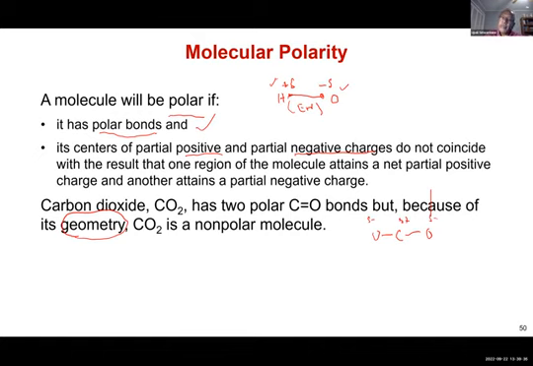Therefore, the dipole is written as an arrow; you're going to see how the arrow represents a dipole. When polar forces oppose in a line, they cancel out. Because the polar bonds cancel out, carbon dioxide is not polar, it is a non-polar molecule.